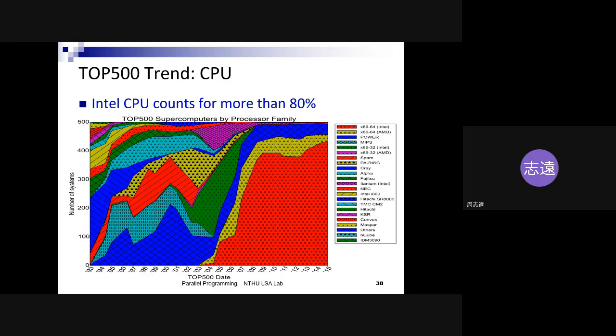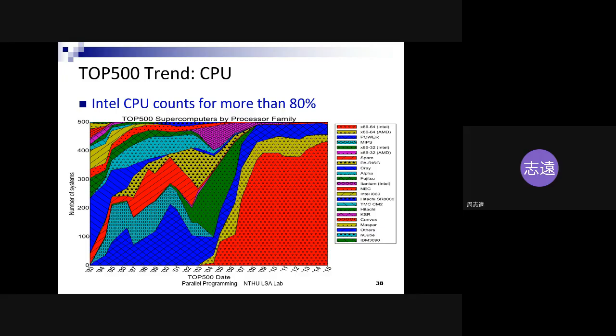From those numbers, you can observe the trends of hardware technology and computing system design, just like the trend of using GPUs. For CPUs, right now it is still mostly dominated by Intel.